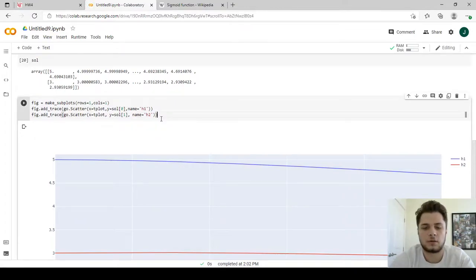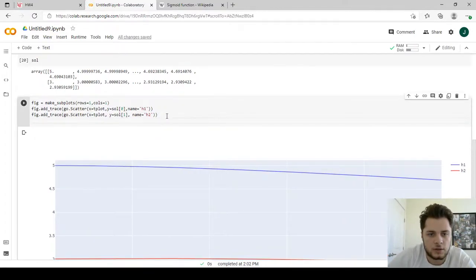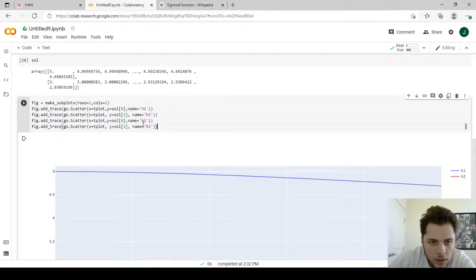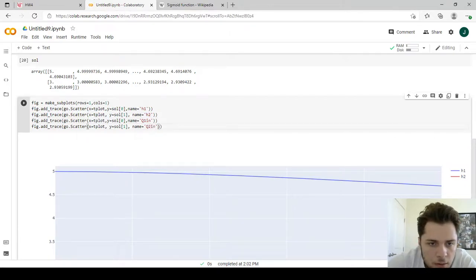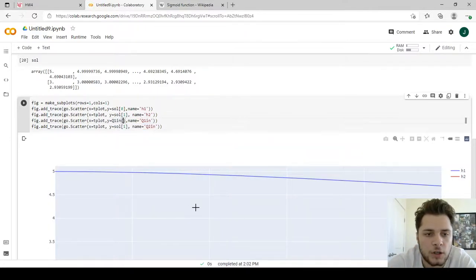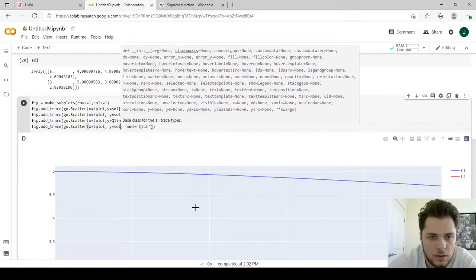And we can also go ahead and graph our change in our inlet flow rates. So let's just copy this down. Let's make Q1N, Q2N, and for the y I want it to be Q1N, our function, and I want tplot as my t.